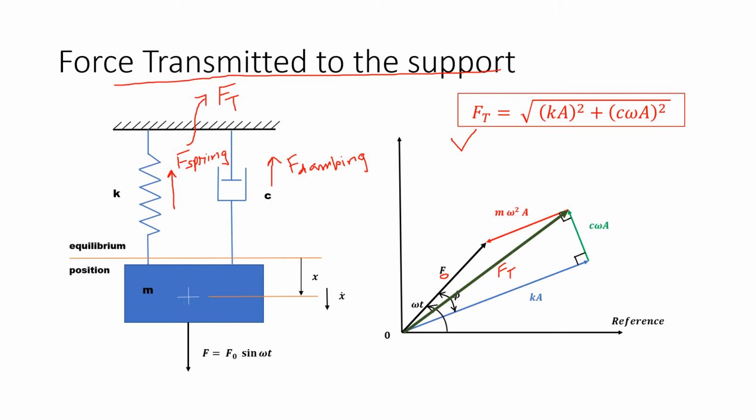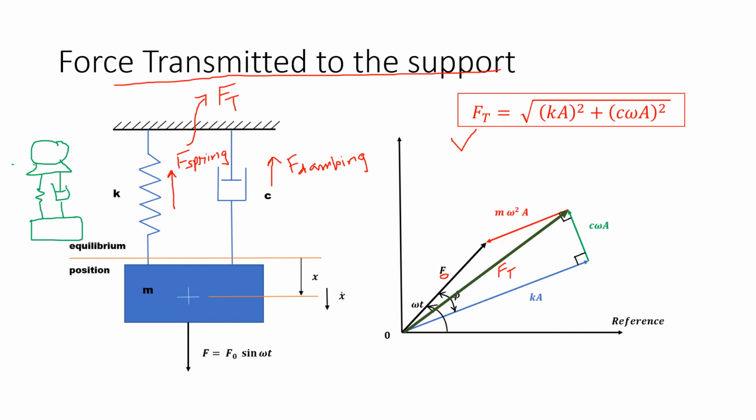For certain problems, the mass is not always like this. Sometimes the mass is an IC engine or a motor. Say the mass is a motor like this. It is vibrating, and it is supported through a spring and damper like this, and this is the base.